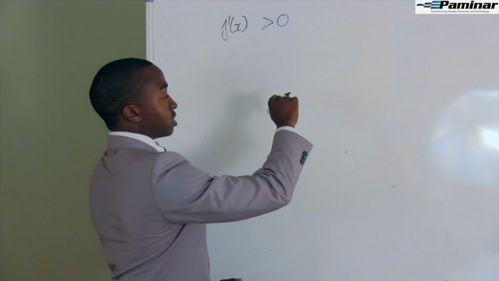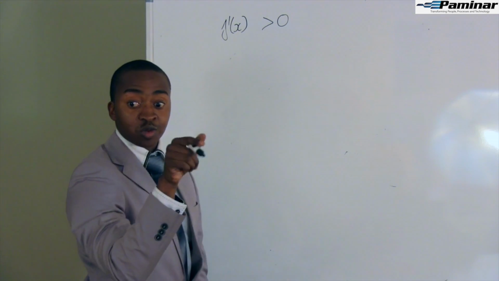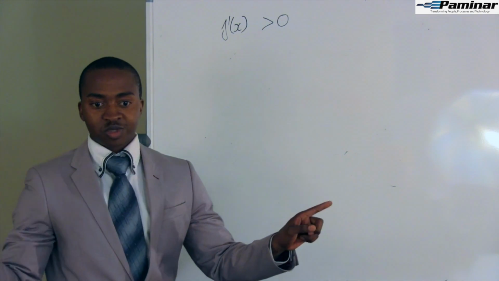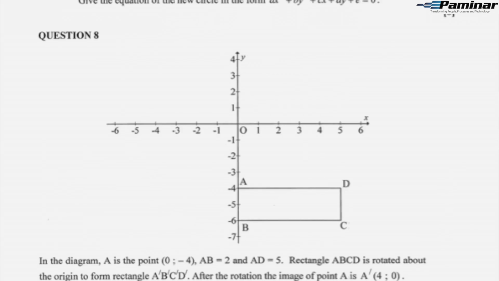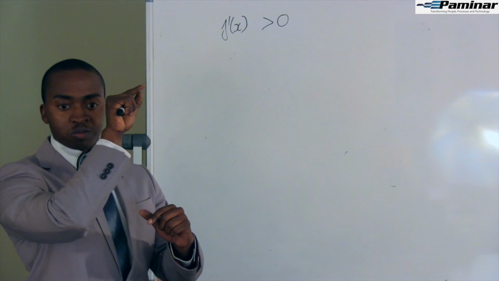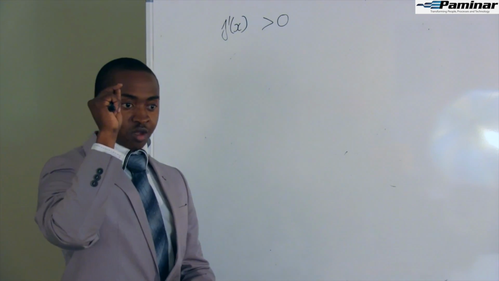Our midpoint, the turning point, can only be calculated using the two positions they give us, the -4 and the 1, which both lie on the x-axis. If you add those two up and divide by 2, you will get the actual midpoint between those two, which will give you your turning point.